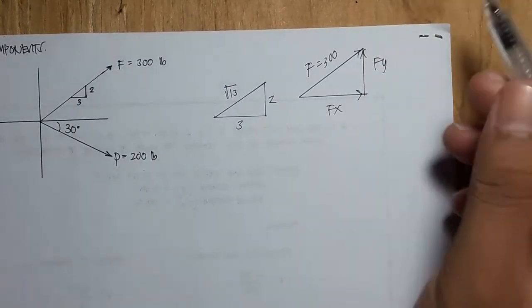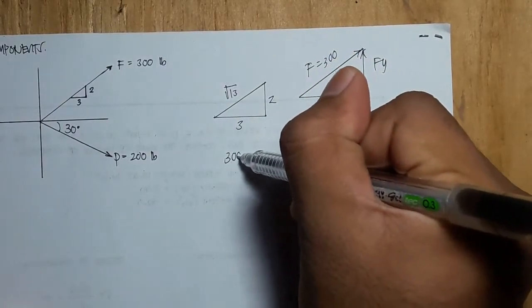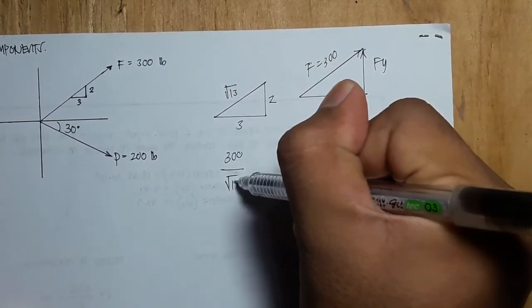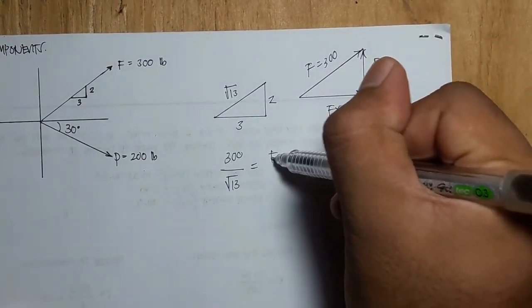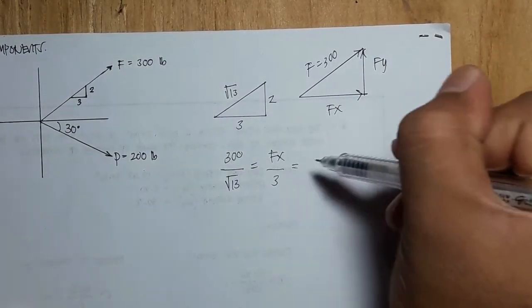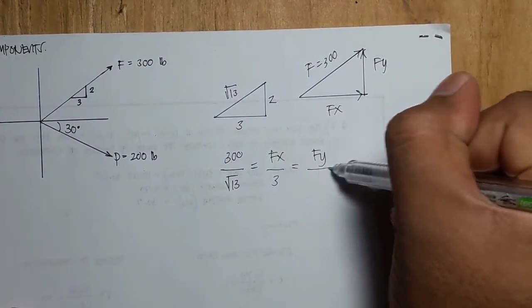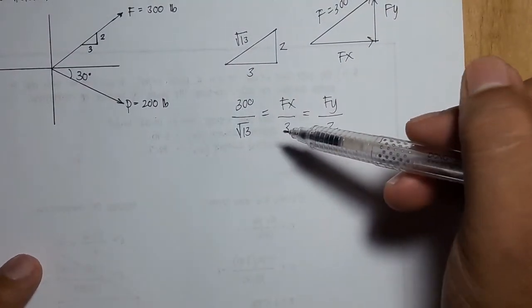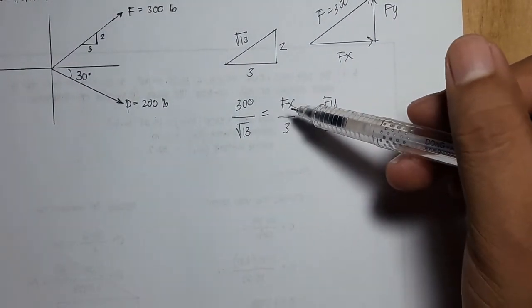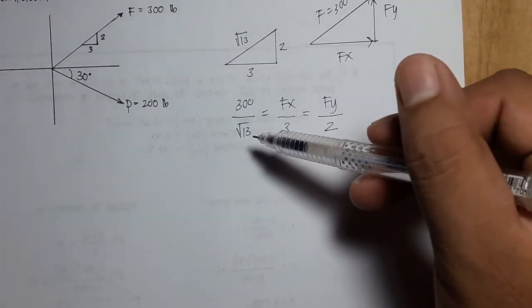So 300 over square root of 13 is equal to Fx over 3, then Fy is just equal to 2. You can solve it directly, or you can also make each of the components its own equation.